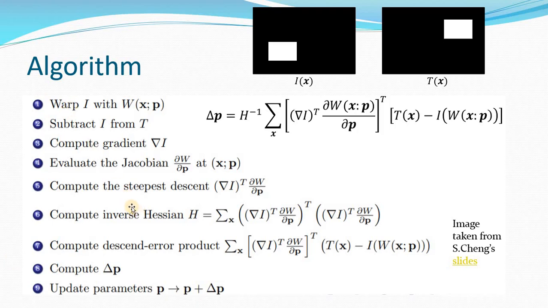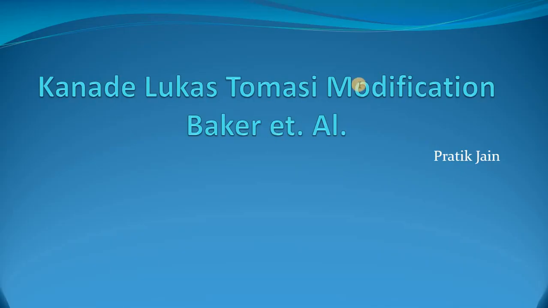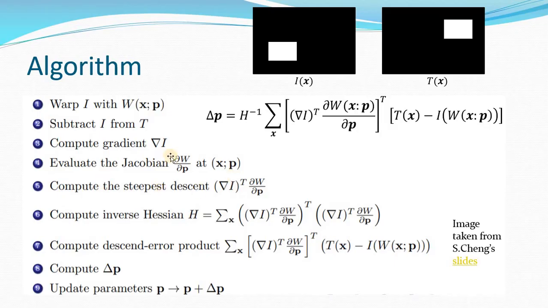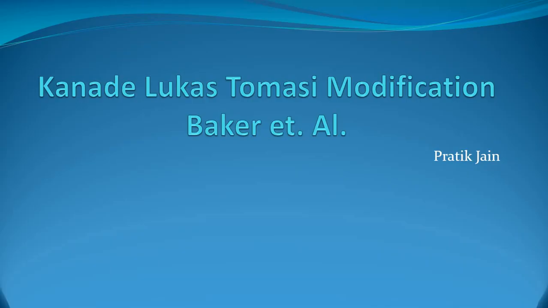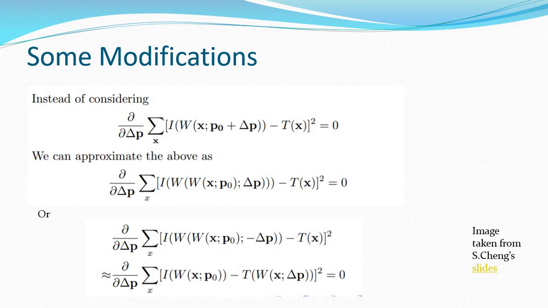Now this particular paper by Baker et al. suggested a very nice algorithm by which you can just calculate these steps once and you are done. You don't have to always update these particular things as you update del p. So that is what we are going to see now. Right, so let's jump to the modifications.